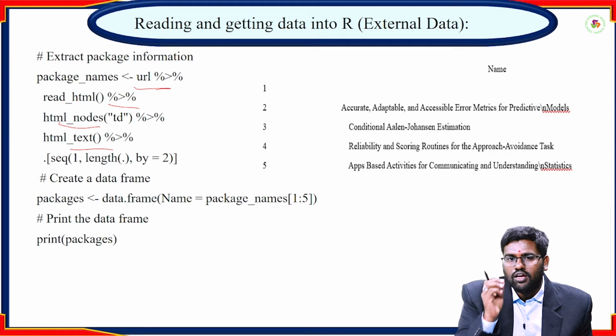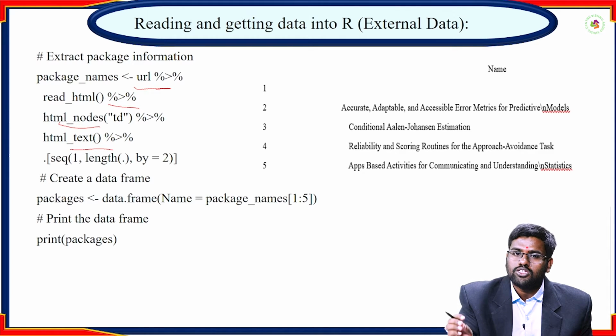So that means in sequential order, by equal to 2 means to retrieve the first package name, and next 1 plus 2, 3, so the third package name, and next 3 plus 2, 5, the fifth package name, next 5 plus 2, 7, the seventh package name. Like that, the packages will be displayed in order.